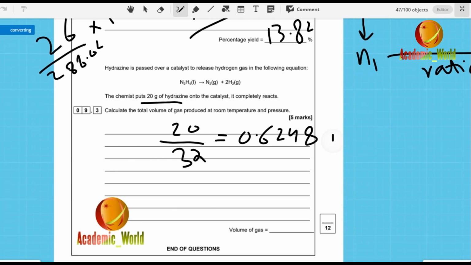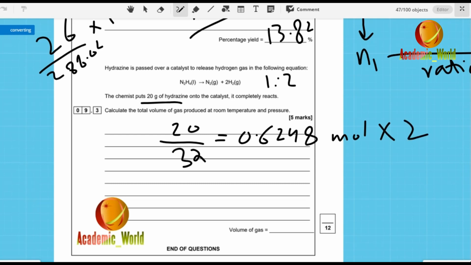Now the next step is you have to find the moles of gas produced, like hydrogen gas. So the same one, the molar ratio is the same, so the same moles. No, here it will not be the same, because the molar ratio is 1:2. The hydrogens are 2, so you need to multiply here with 2.